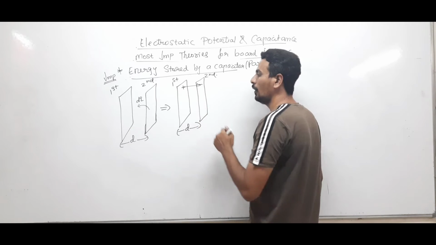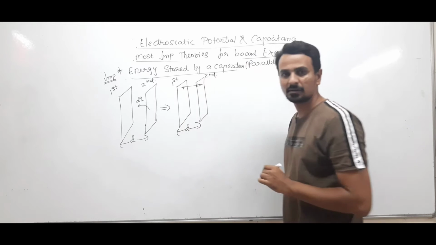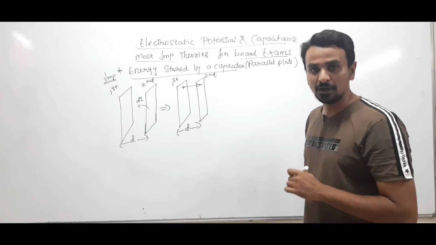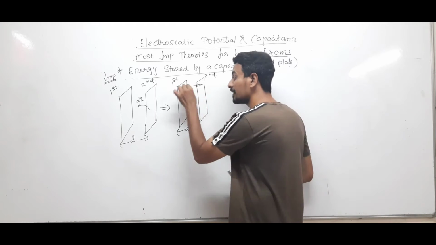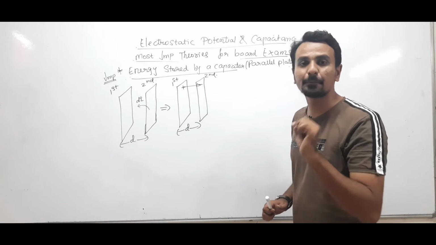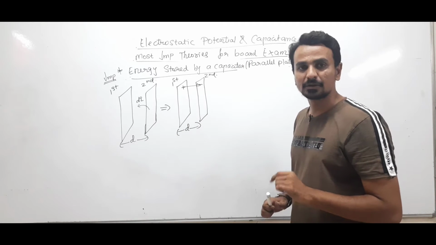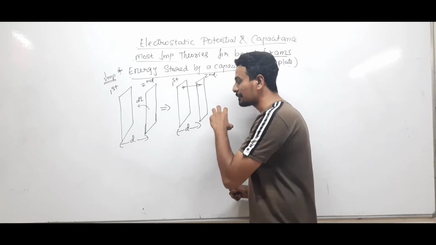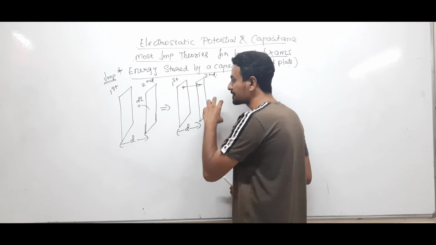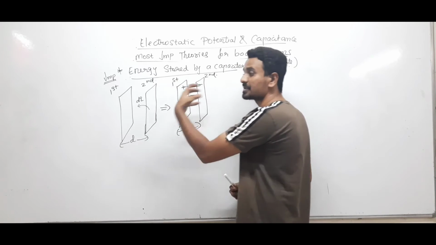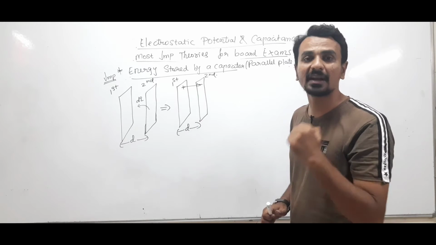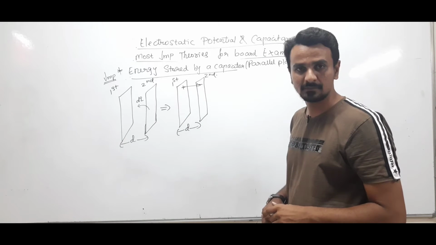Also already on the first plate a positive charge is established. So when I am trying to place another positive charge, it will repel, right? So that means in order to transfer a charge dq now from second plate to first plate, some work has to be done against this force.